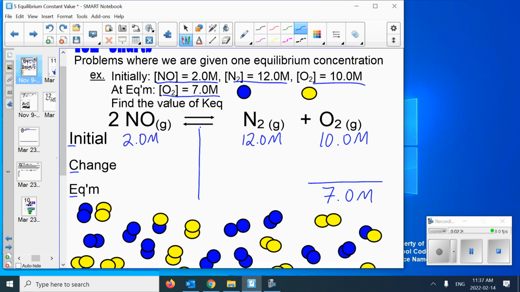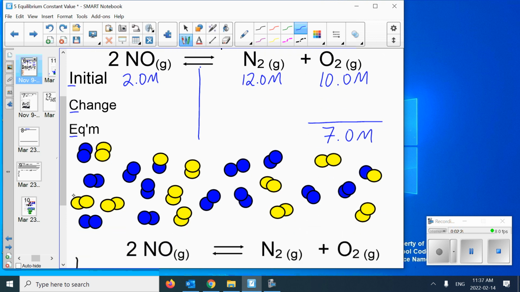Okay. So what is this? I'm using blue to represent the nitrogens. Oxygens are represented by the yellow. Initially, there are 2 moles per liter of the nitrogen monoxide. 2 of those.